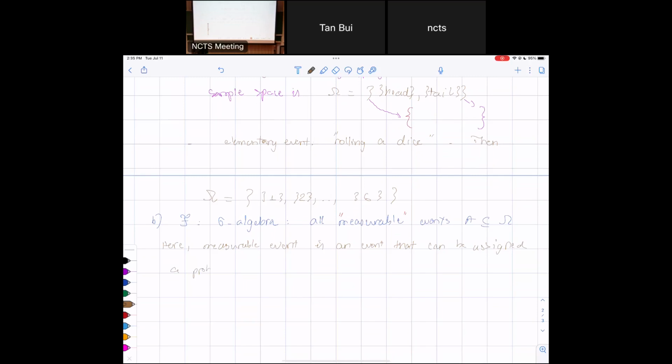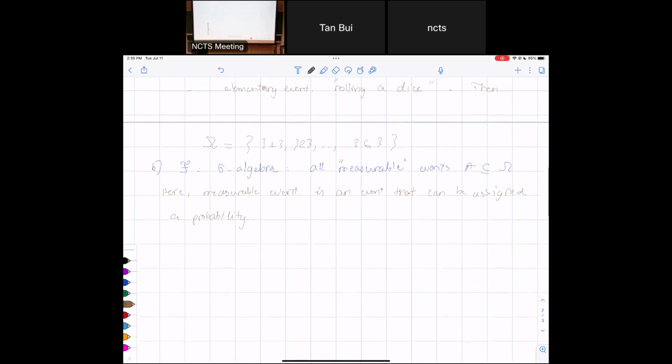So you see that it is not the probability itself. The sigma algebra is just the measurable events. This is just a mathematical way of saying things. But for us, it is a set that contains subsets of the sample space, for each of which we can assign a probability. So what do we mean by assigning a probability? We have to go immediately to that.